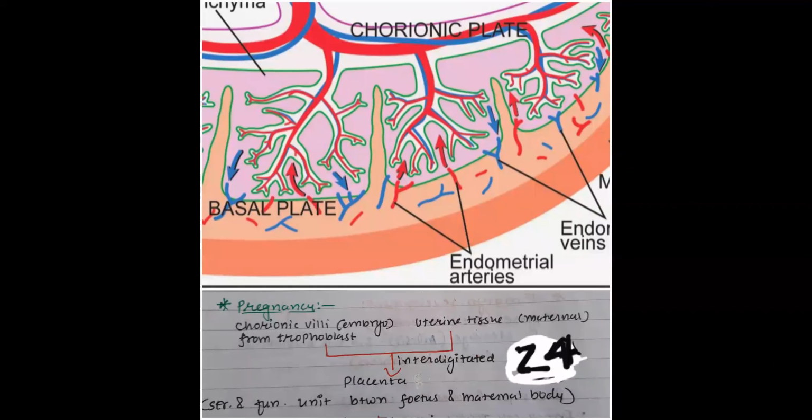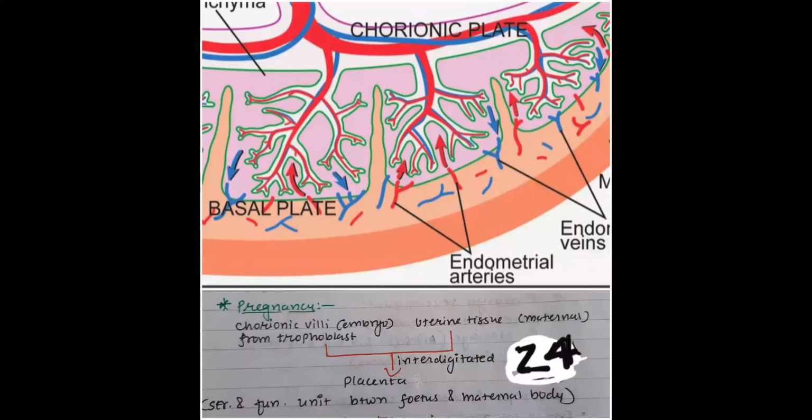This placenta is a structural and functional unit between the fetal and maternal body, formed by contributions of both, and it maintains the exchange point between the mother and fetus or embryo.